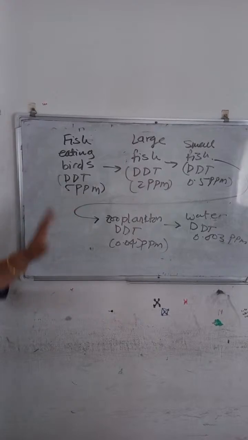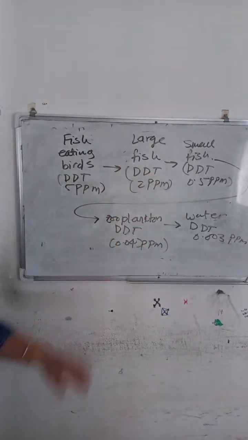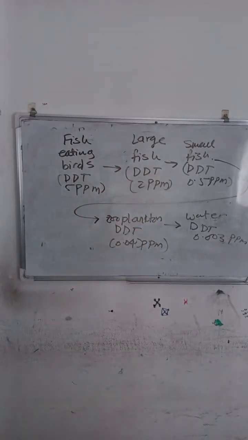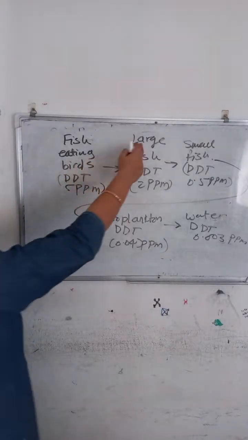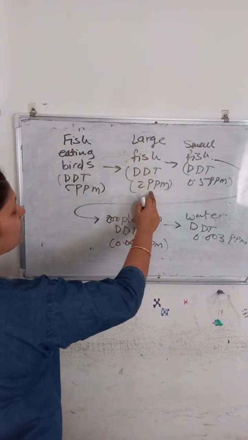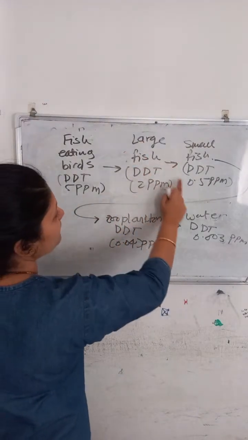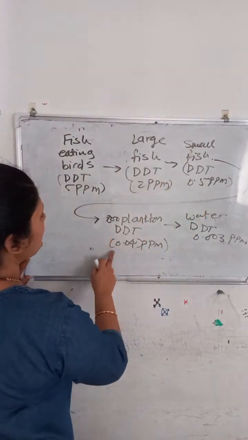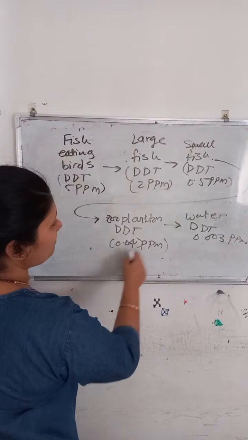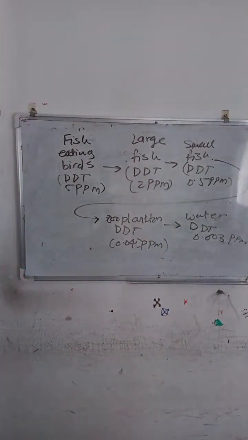Here fish eating birds have DDT 5 ppm, large fish 2 ppm, small fish 0.5 ppm, zooplankton 0.04 ppm, and water contains 0.03 ppm. So now tell me which is the correct answer.